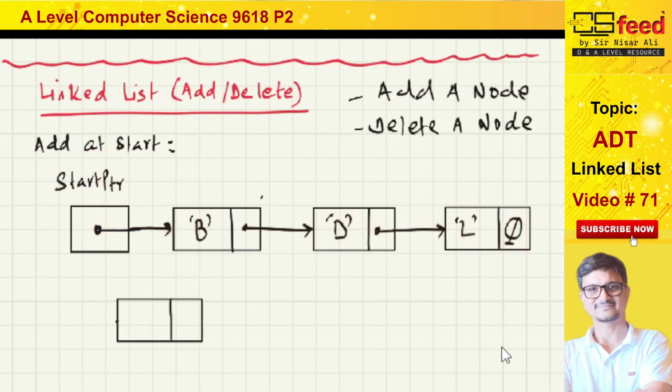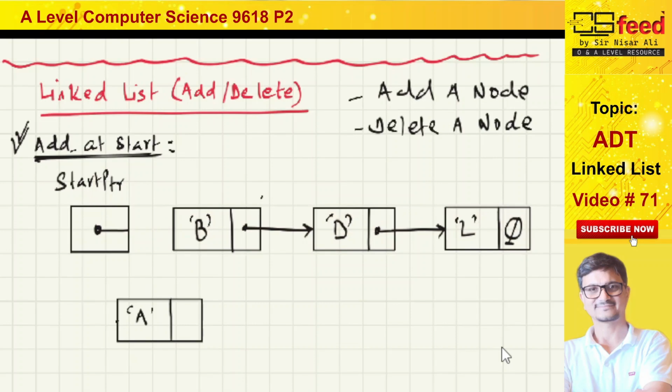Now we want to add A, for example. This is addition at the start. We first create a node A, and then we look at its right position. As per the sequence, A must come before B. So carefully observe which steps we follow in order to insert A before B. The first step is that the start pointer, which is pointing to B, will be removed.